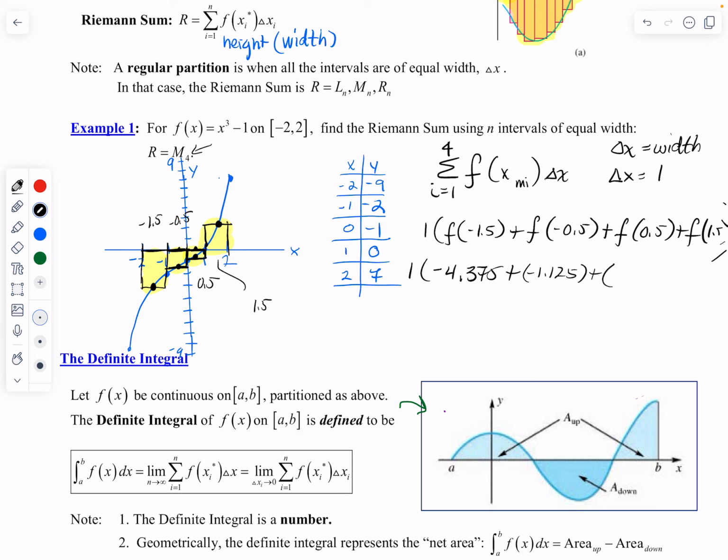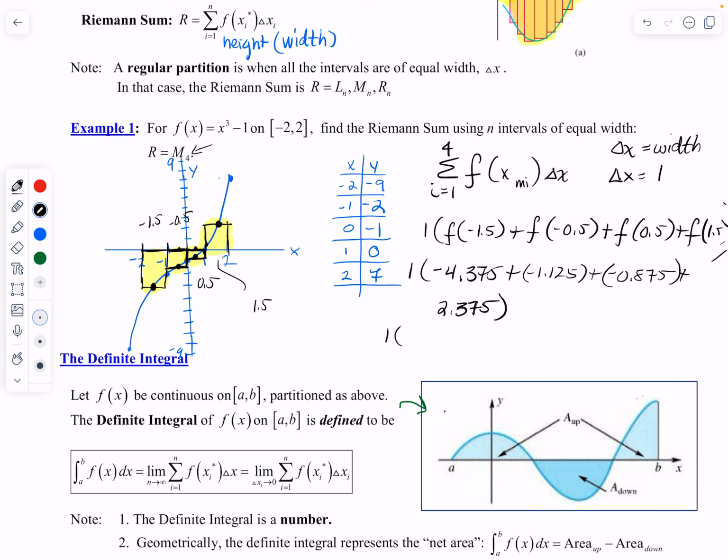I get 0.875, and it's negative. And finally, the last value, 1.5 cubed minus 1. I got 2.375. So 2.375 here. So I'm going to multiply that by 1. So I'm going to add those all up.